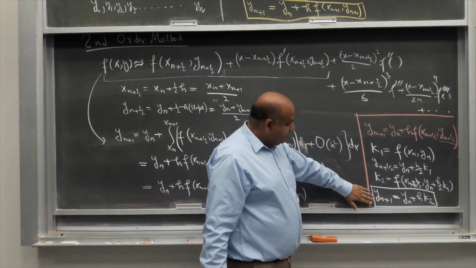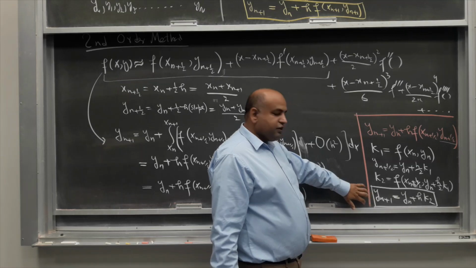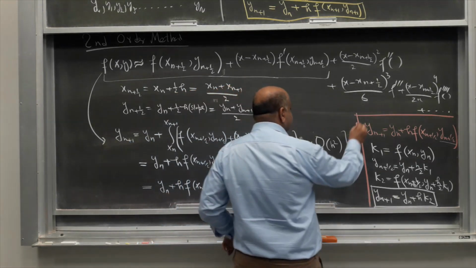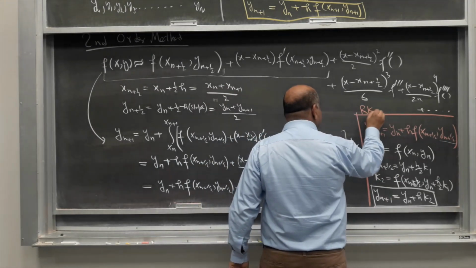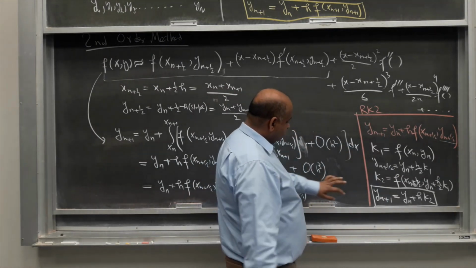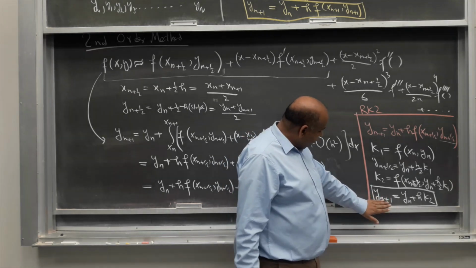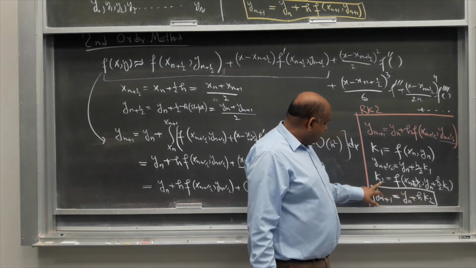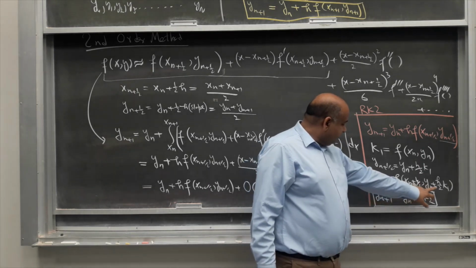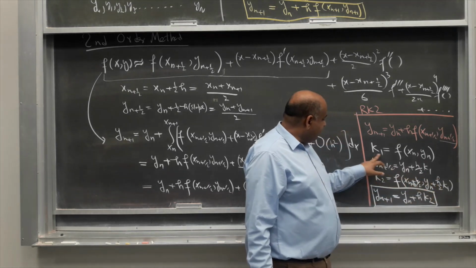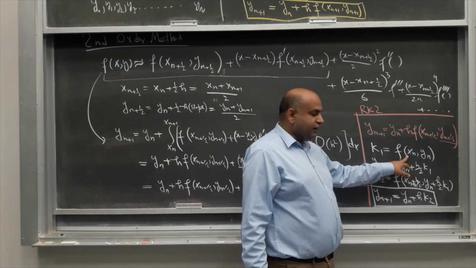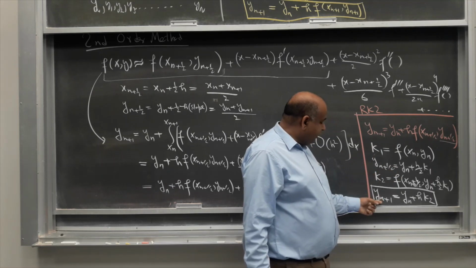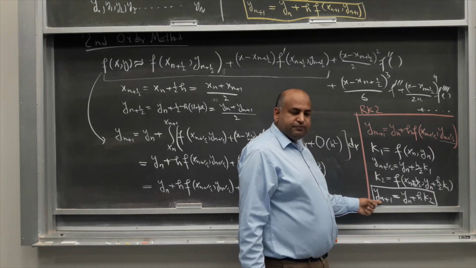Okay, so this is one implementation of the second order Runge Kutta method. Let me call it RK2. Here, to compute yn plus 1, you need yn and you need k2. And to find k2, you need k1, and k1 is from the forward Euler method. So using k1 and k2, I can find yn plus 1 at every step.